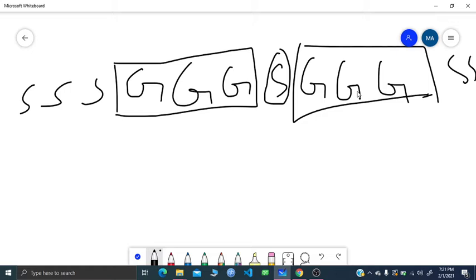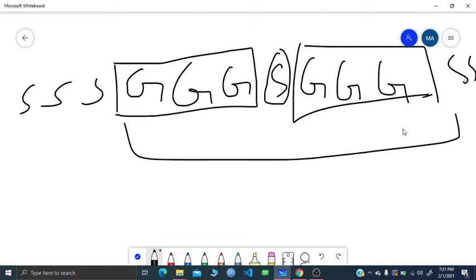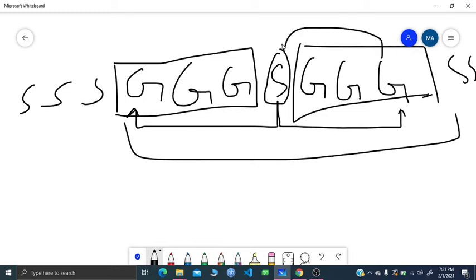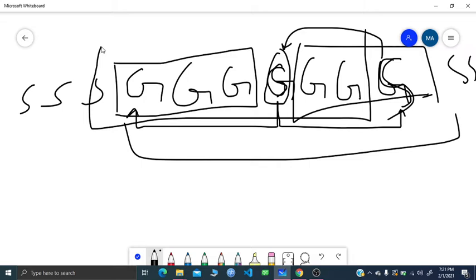Now how can we do the swap operation to make the result as optimal as possible? We can do this. If I swap this S with this G, or maybe this G, it doesn't matter which G, say I'm swapping with this G, then this G comes here and becomes G, and this G becomes S. By doing that operation, we improved our result from the previous, right?